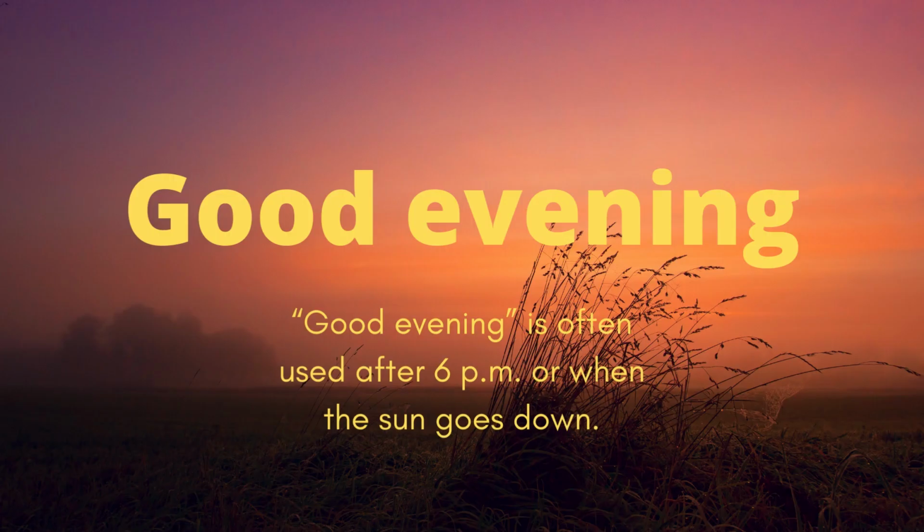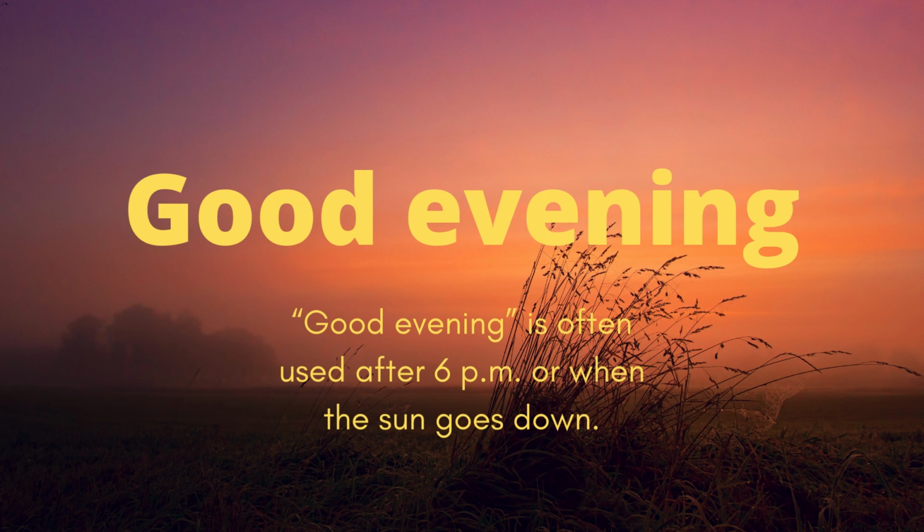Our next one, good evening. This one is often used after 6 p.m. or when the sun goes down. So, as I mentioned in the previous slide, for me this is usually around 5 p.m. So from 5 p.m. onwards, I would probably start saying good evening.